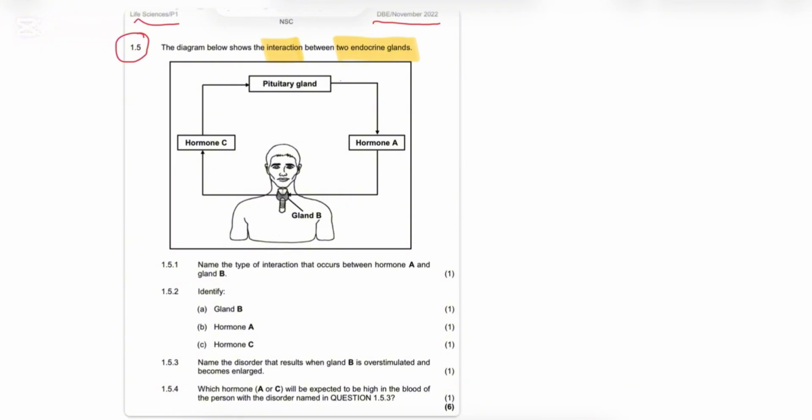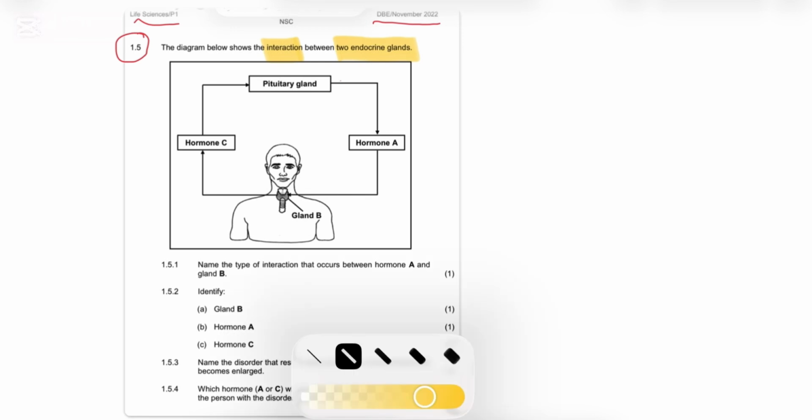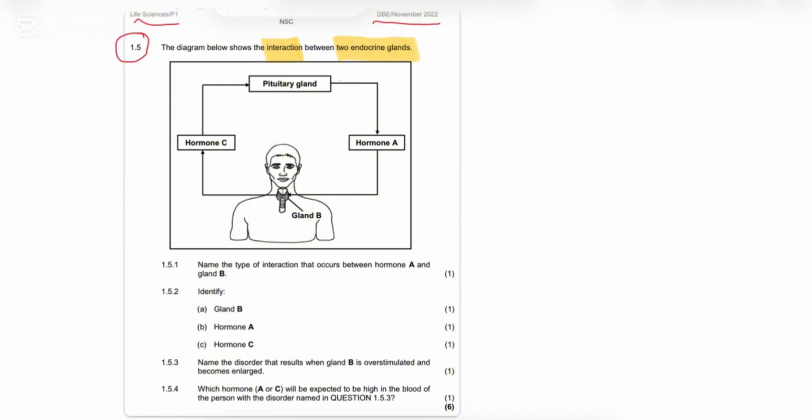Question 1.5.1 is asking us to name the type of interaction that occurs between hormone A and hormone B. And as usual, I encourage you to highlight the key words in each question so that you are constantly reminded of what the examiner expects you to do in each question. And also consider the mark allocation in each question so that you understand how much information you need to provide for each question.